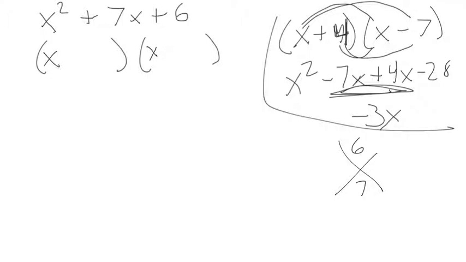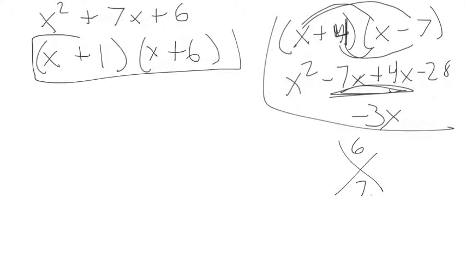What's going to add to give us a 7 but multiply to give us 6? What 2 numbers? Somebody? 1 and 6. Both positive, right? Okay. So we would have a plus 1 and a plus 6. And this is the factored product of that trinomial.